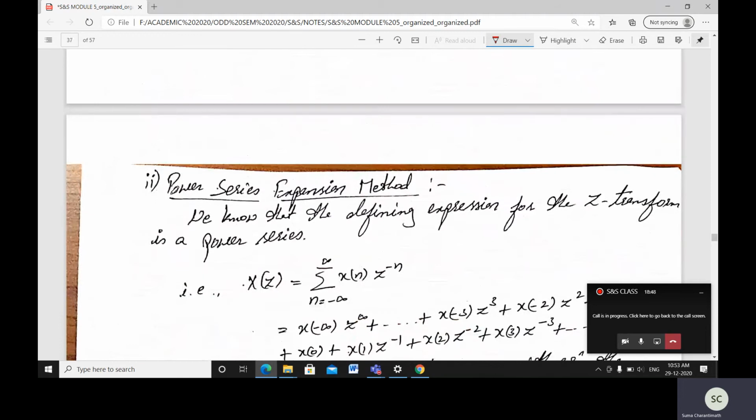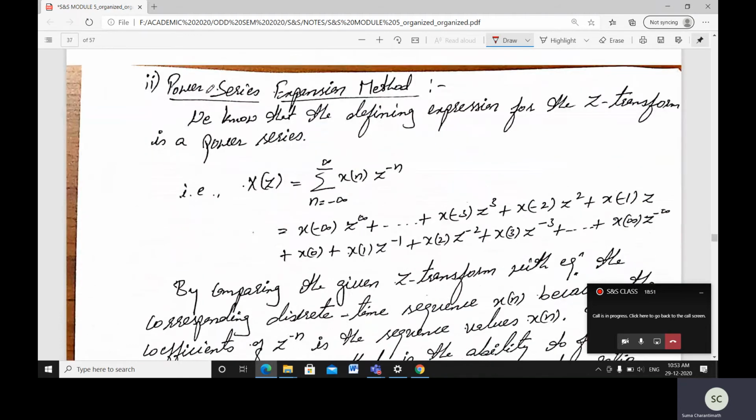Okay. Then the next method is the power series expansion method. The power series is expanded as x of z equals the summation n varying from minus infinity to plus infinity of x of n into z raised to minus n.